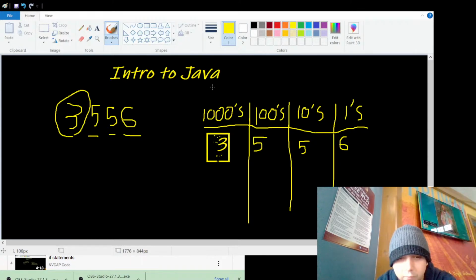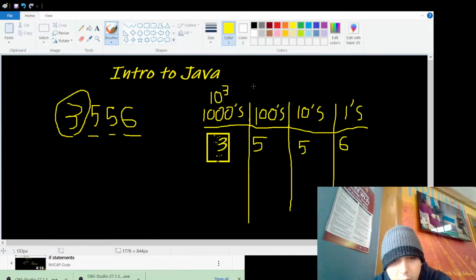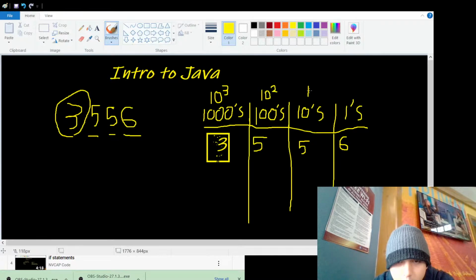Isn't 1,000 also 10 to the 3rd? 10 times 10 times 10 is 1,000. 10 times 10 is 100, so 10 squared is 100.